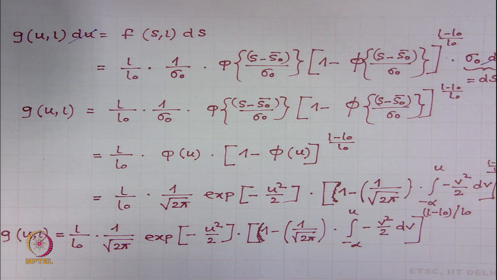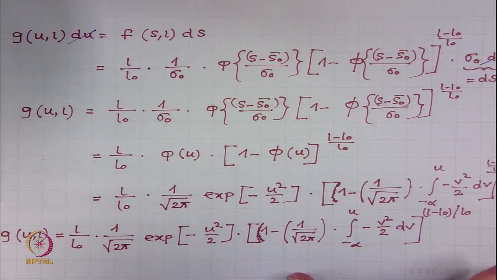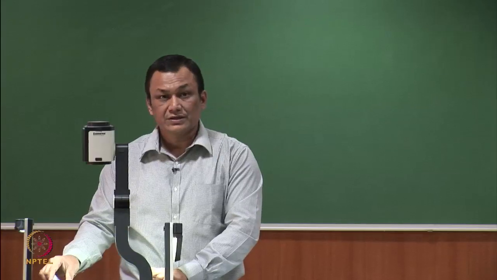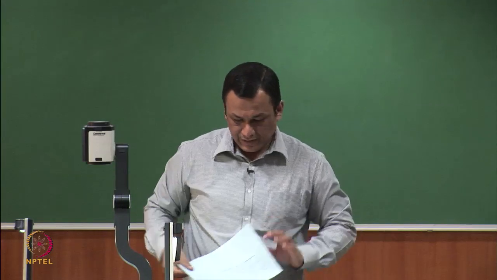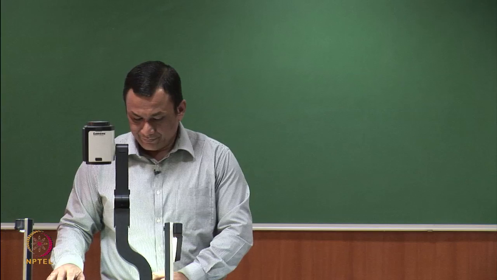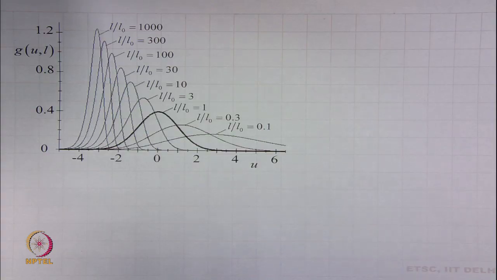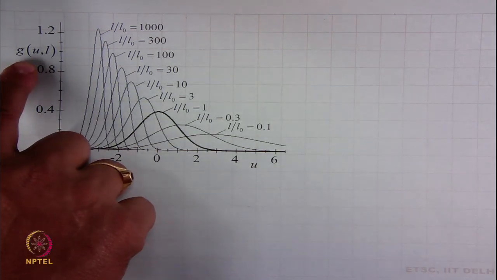Now, it is possible to solve this expression using a suitable numerical method, and I will show you the graphical behavior of this equation. U is plotted along the x axis, PDF of u is plotted along the y axis.